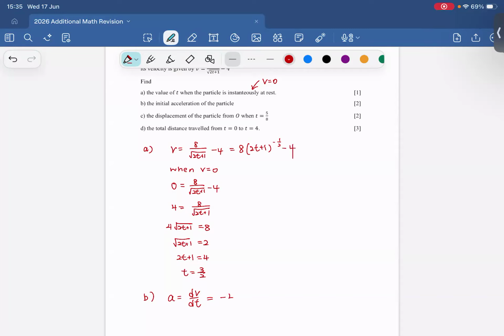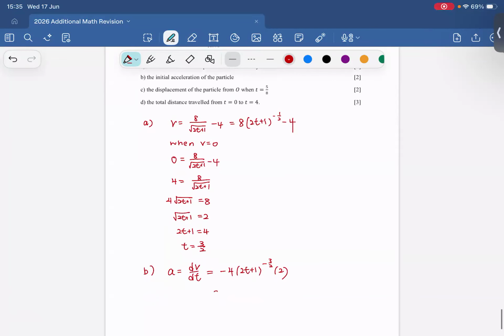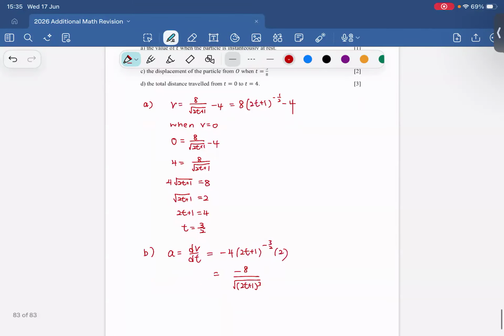Power bring down, power minus 1, differentiate the inside. Okay, differentiate minus 4 is 0, so don't need to differentiate. So after that, simplify this just negative 8 over cube root 2t plus 1 cubed. Initial means what? Initial means when t equals to 0. So a is just negative 8 meter per second squared.